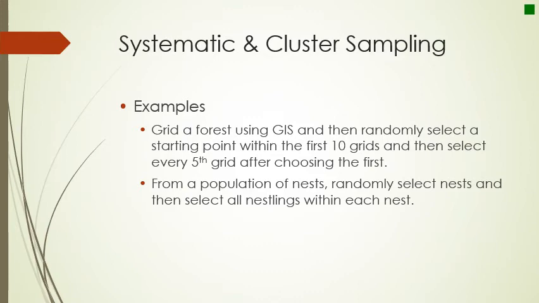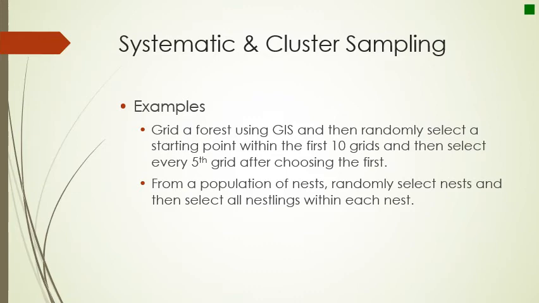So again, you're getting a nice systematic grid across the entire region, which can help with getting representation across the entire region, but with the caveat that you should be aware of the potential for periodicity affecting your sample.